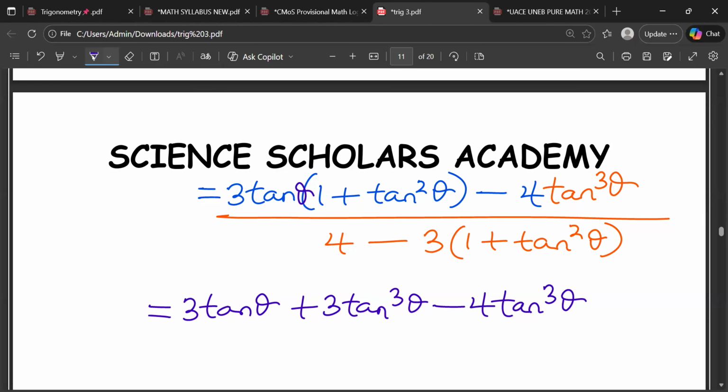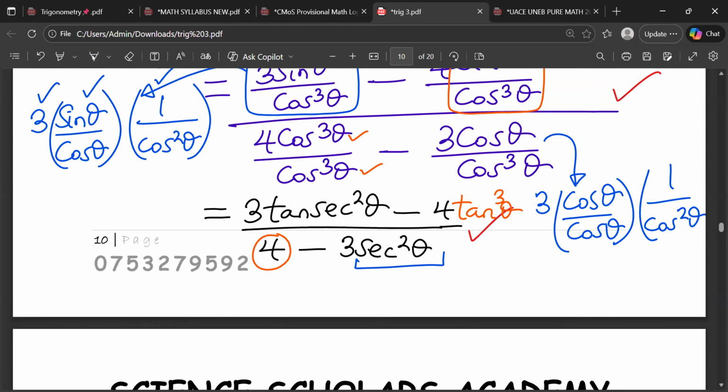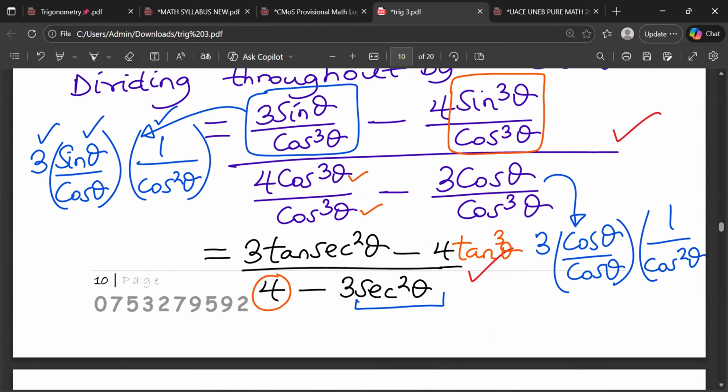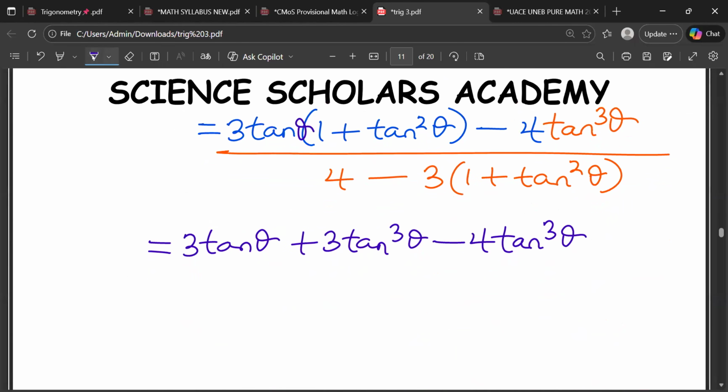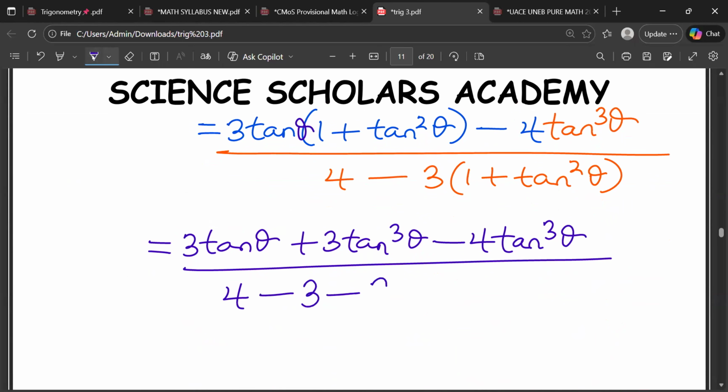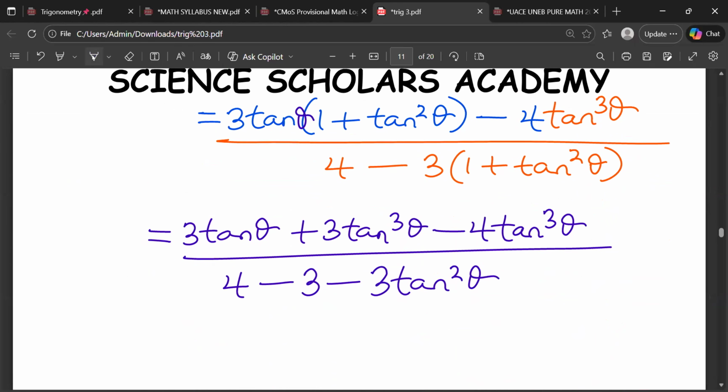Yes. Proceed over. This one is 3, 4 minus 3, then minus 3 tan squared theta. Are you following? Yes.